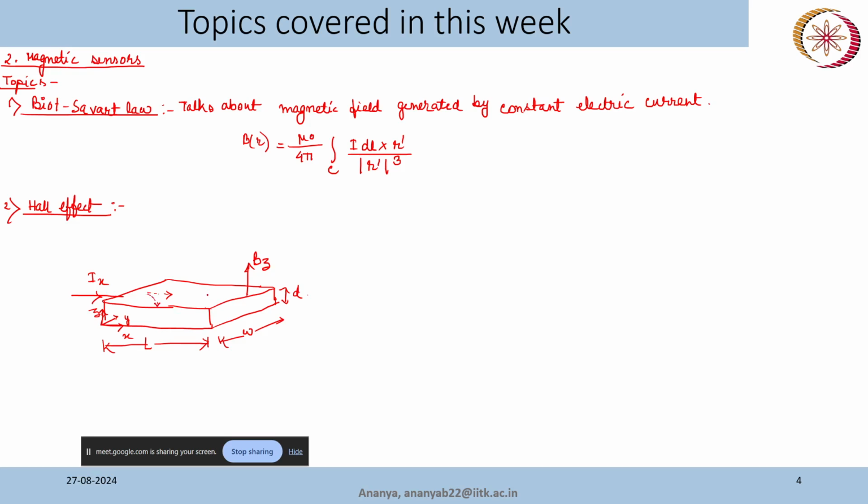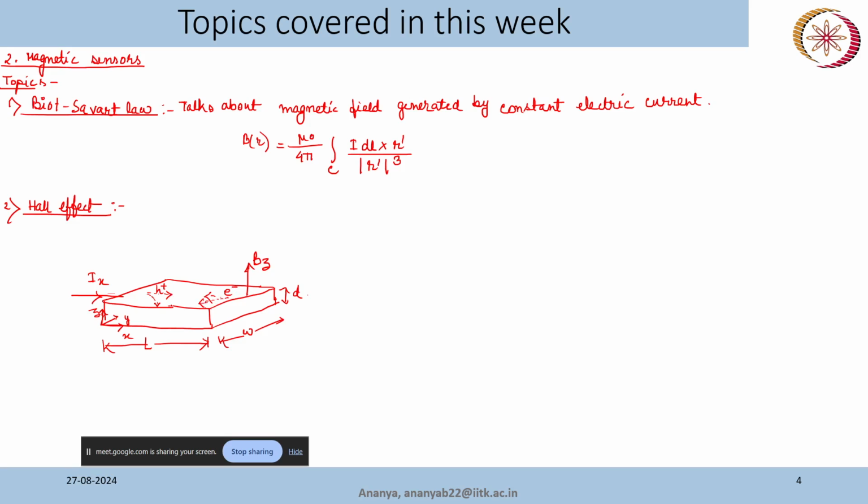And if the material is say n-type, then the electrons were moving in this direction because Ix is in this direction, so the direction of flow of electrons is opposite. So this is for holes, this is for electrons, and again using the right hand thumb rule, the electrons will move in this direction due to the applied magnetic field.